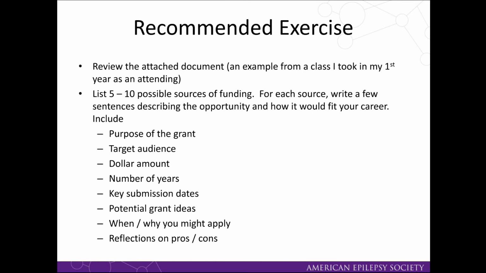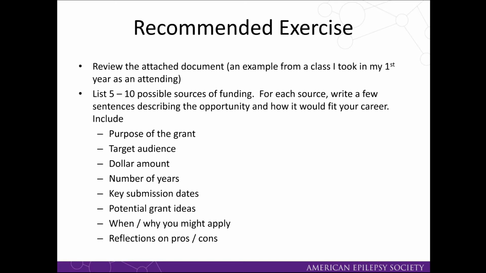So I have put together an exercise which should be available to you to help with this. I took a class in my master's program where we took 5 to 10 possible sources of funding and then wrote a few sentences about it. And this is a reasonable exercise to do, to spend an hour or two doing, because it really can help guide you.